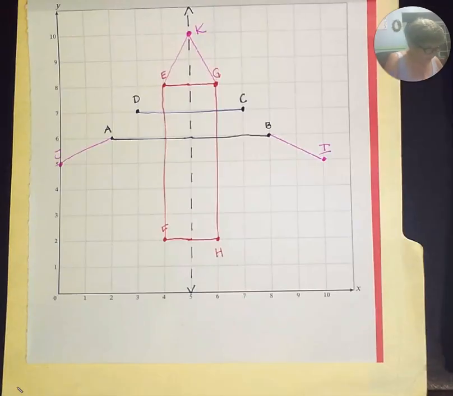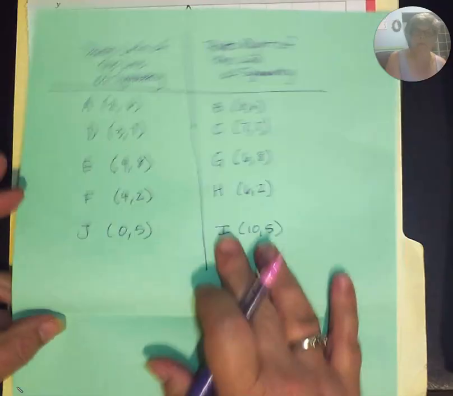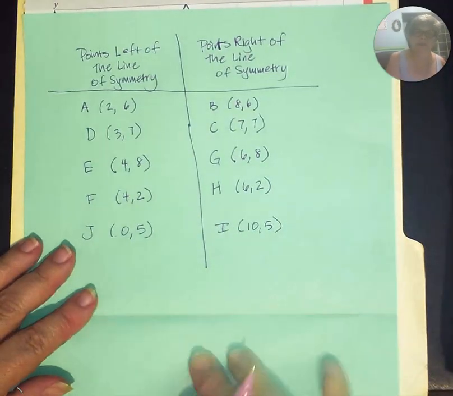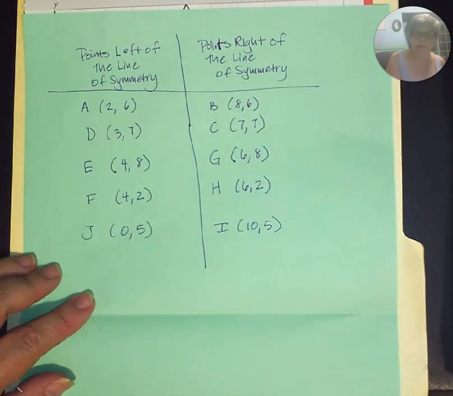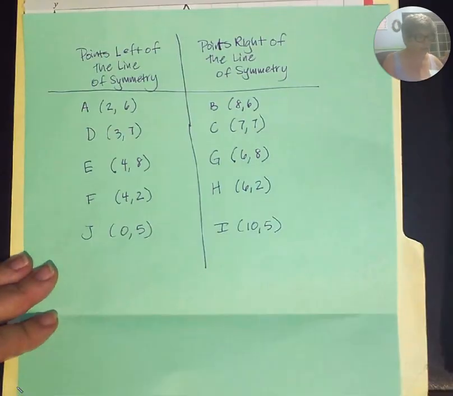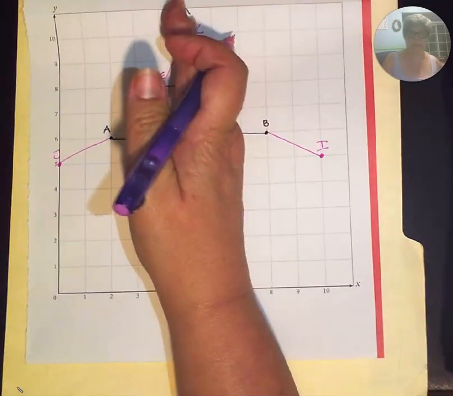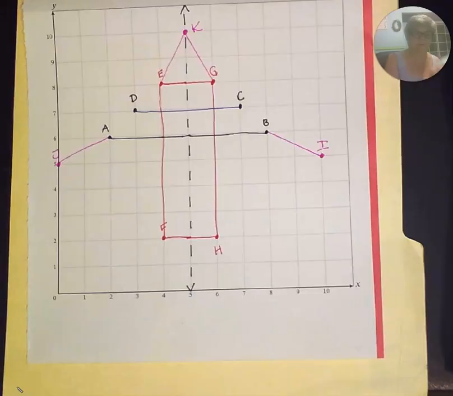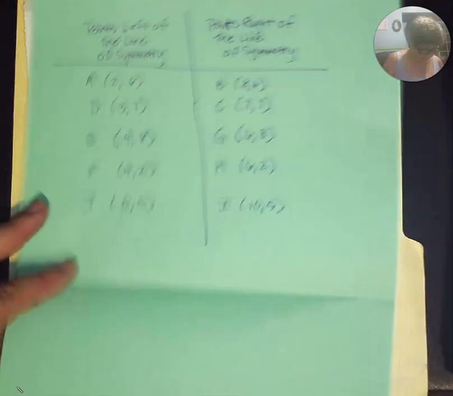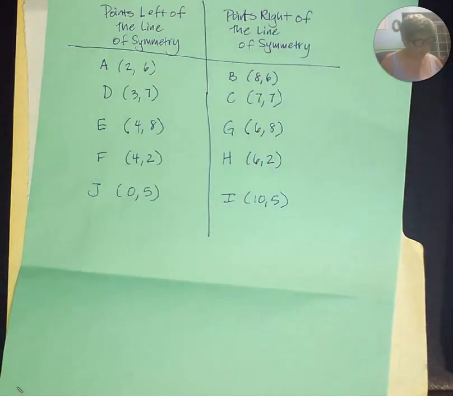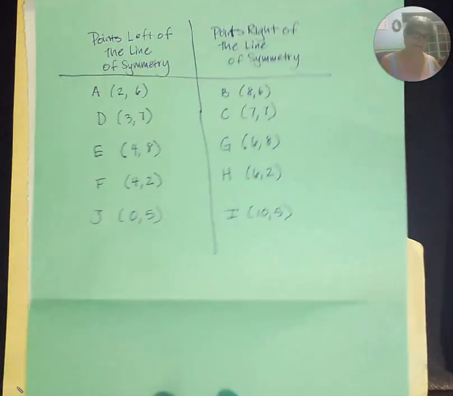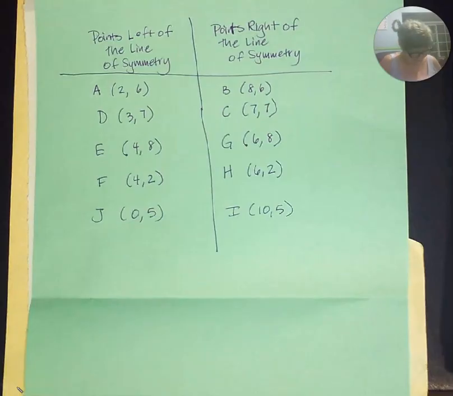Okay, and now we have another chart of our points. Points left of the line of symmetry and points right of the line of symmetry. Okay, so if you're looking at the line of symmetry in the middle, left and right. What about point K? It's not even on our list, is it?